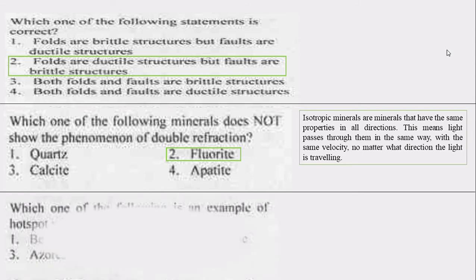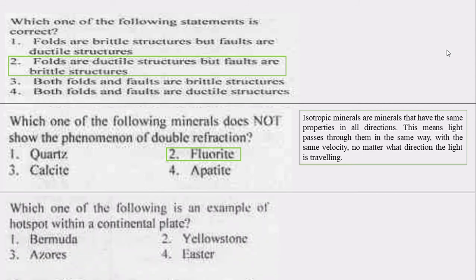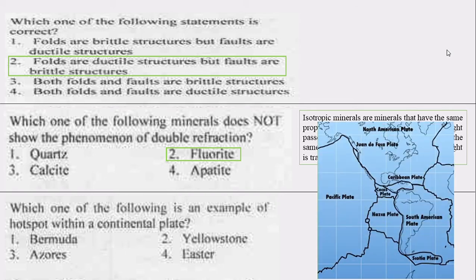And the next question is: which one of the following is an example of a hotspot within a continental plate? If you know some of the plate margins, you can find the answer, right? This is the image of plate margins with the countries. If you see, Bermuda lies here, somewhat near the mid-Atlantic ridge, and Yellowstone lies almost at the center of the plate.